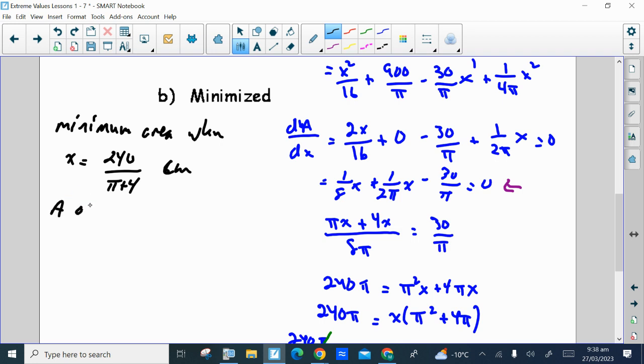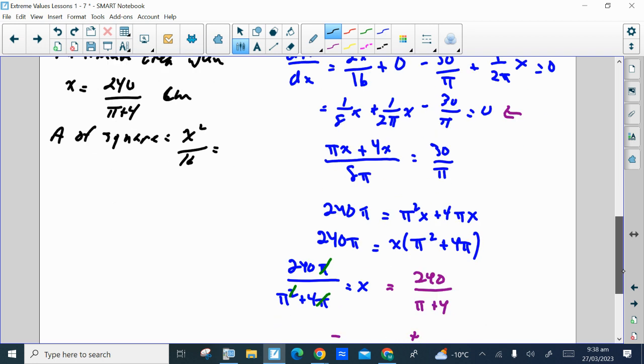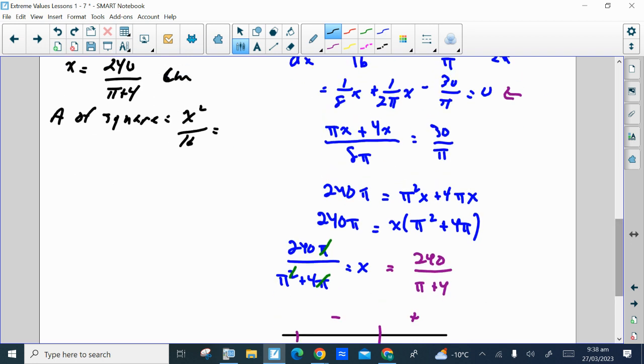The area of the square, remember, is x squared over 16, which equals, again, x is 240 over pi plus 4, all squared divided by 16.